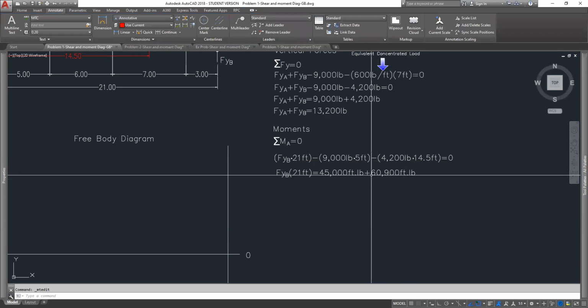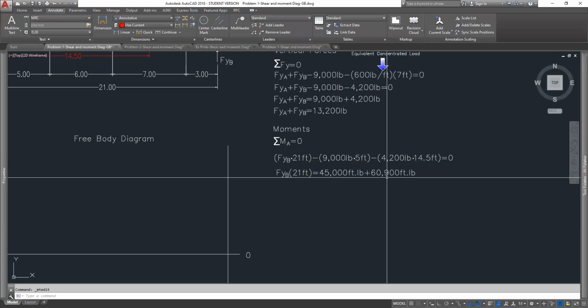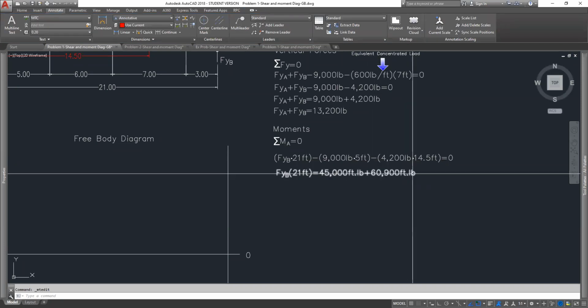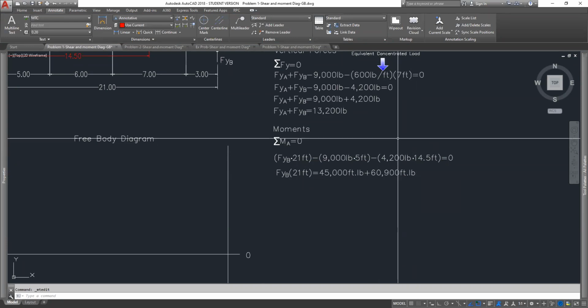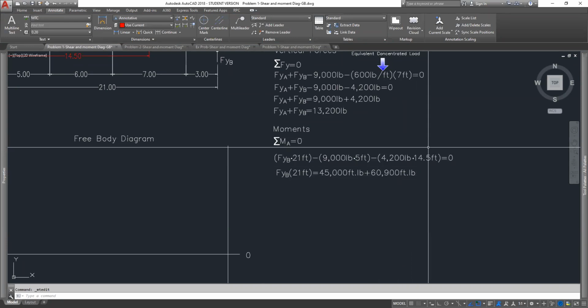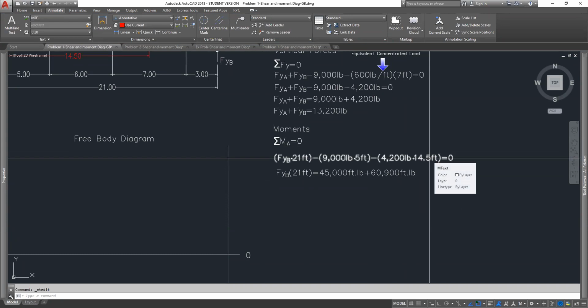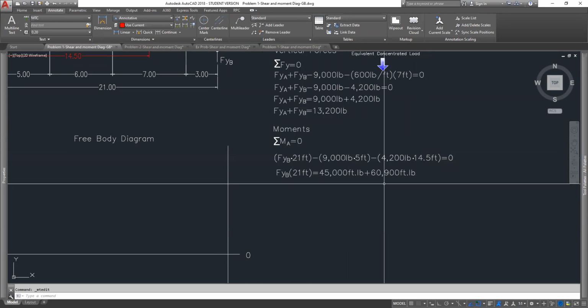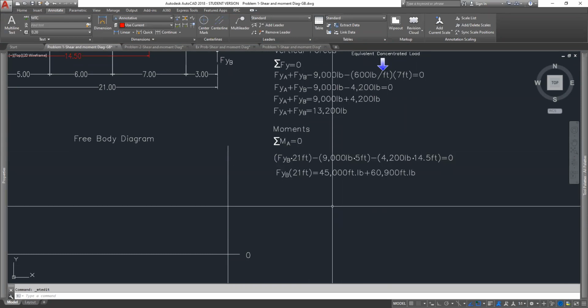Mm-hmm. And be careful, it's 60,900, what we call foot-pounds, okay? Because there's a distance value to it and there's a load value to it. So let's go ahead and add these two together. Can someone do that for me?